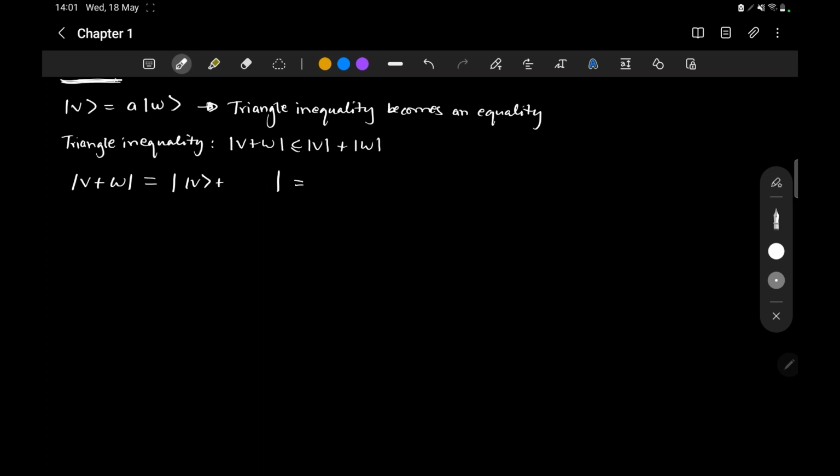Sorry, v is a times w, so this is the left hand side of the inequality.